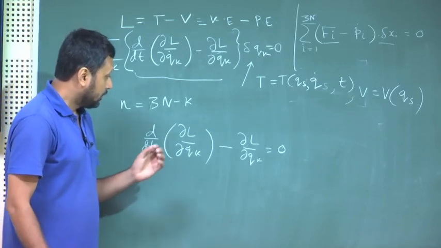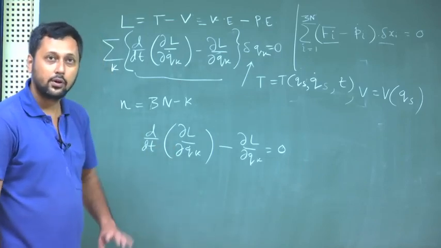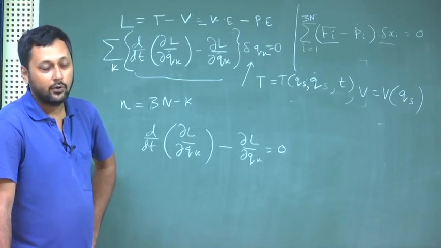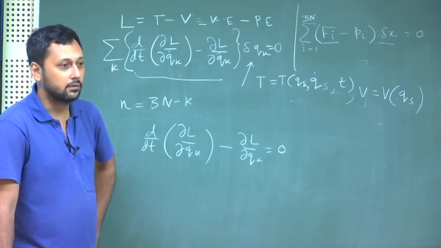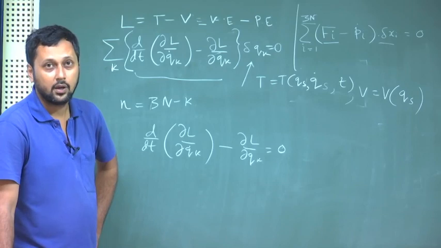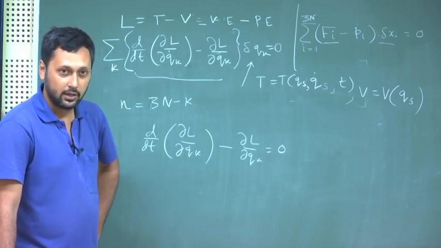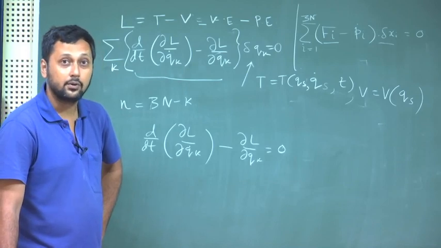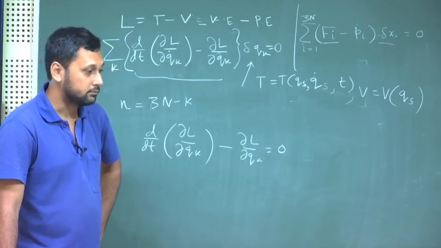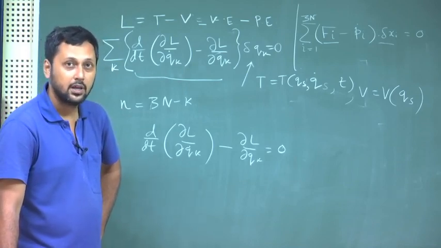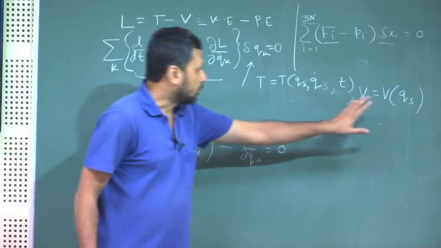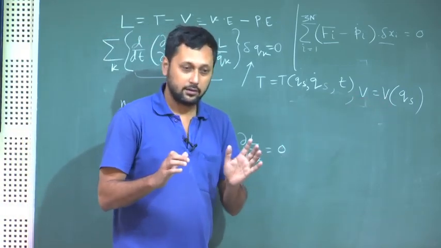But look at the advantage. Now we do not have to worry about constraints. We do not have to worry about the nature of forces. All we need to know is, if a system is moving in a particular type of potential, all we need to know is a potential defined in a set of coordinates.